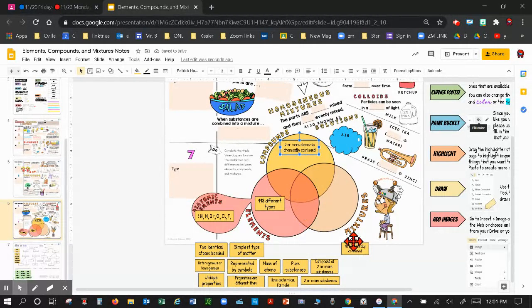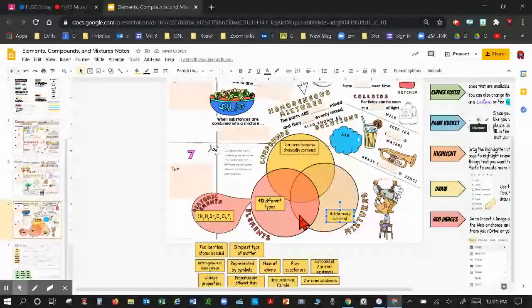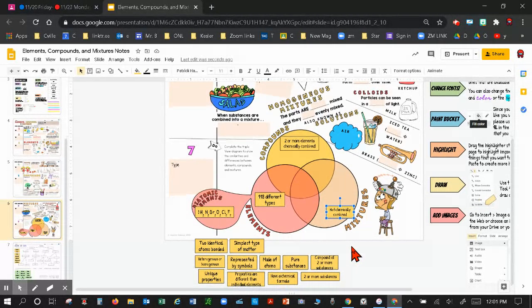Mixtures, as I just shared earlier, those things are not chemically combined. And we know from mixtures itself that they can be heterogeneous, they can be homogeneous, etc. Hetero being differently mixed. You can see the parts of them there. Some good examples are things like salad up top, you can see here, or cereal.